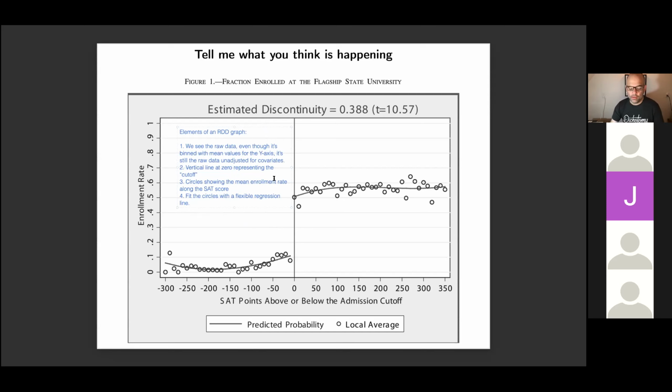And maybe we will put a label on this graph showing the size of the change in enrollment at the cutoff, right? Which he does here when he writes up here, estimated discontinuity 0.388.